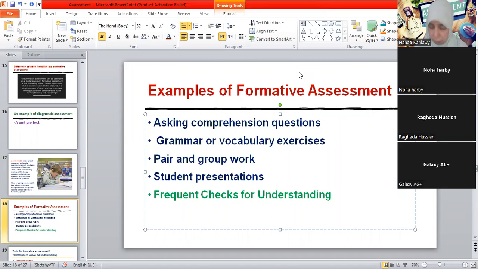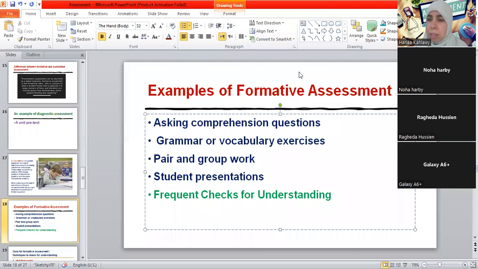I think this depends on the type of the lesson or the nature of the lesson. Yeah, of course. Pair work and group work also are tools of formative assessment.